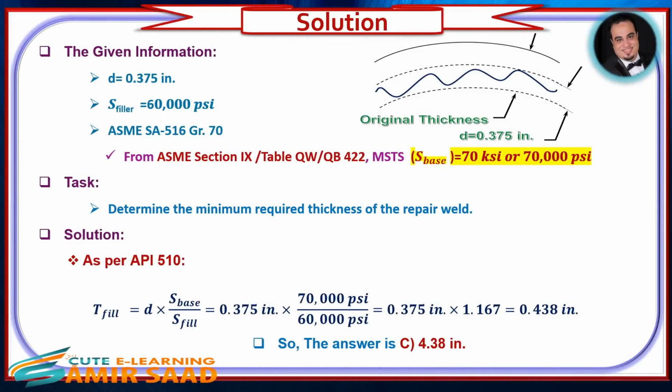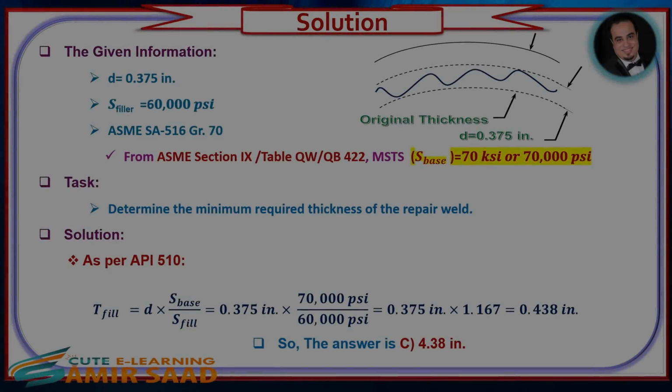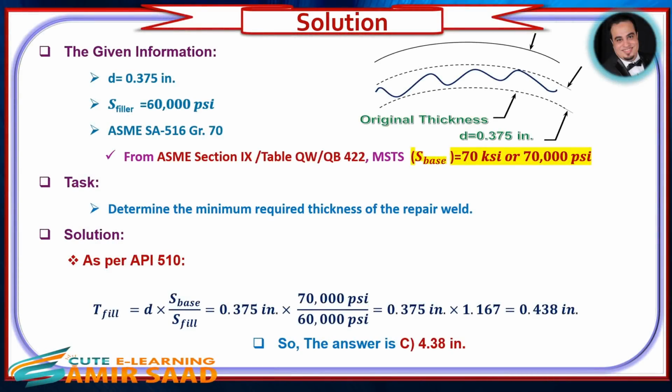Solution example: the given information. Depth of base metal lost D equals 0.375 inches. Minimum specified tensile strength of filler metal equals 60,000 psi.